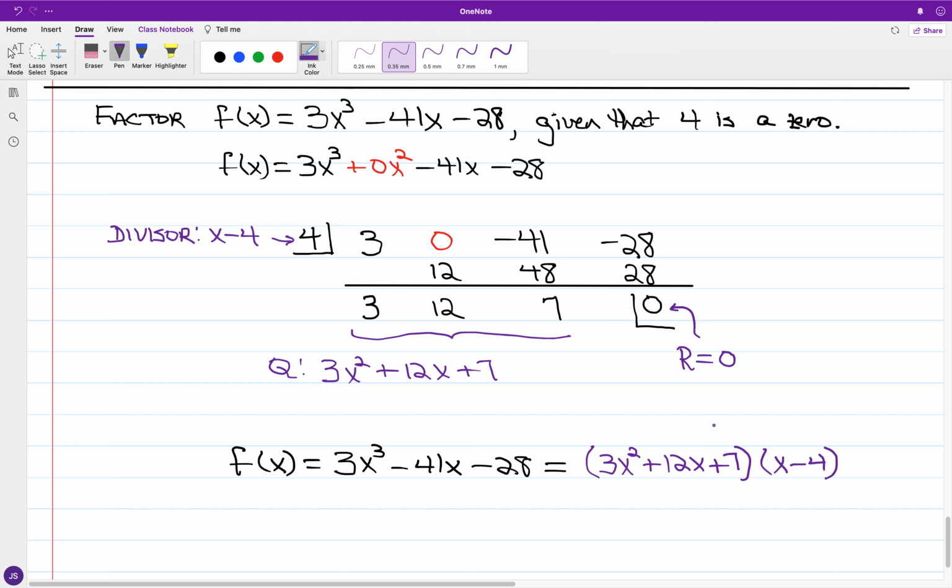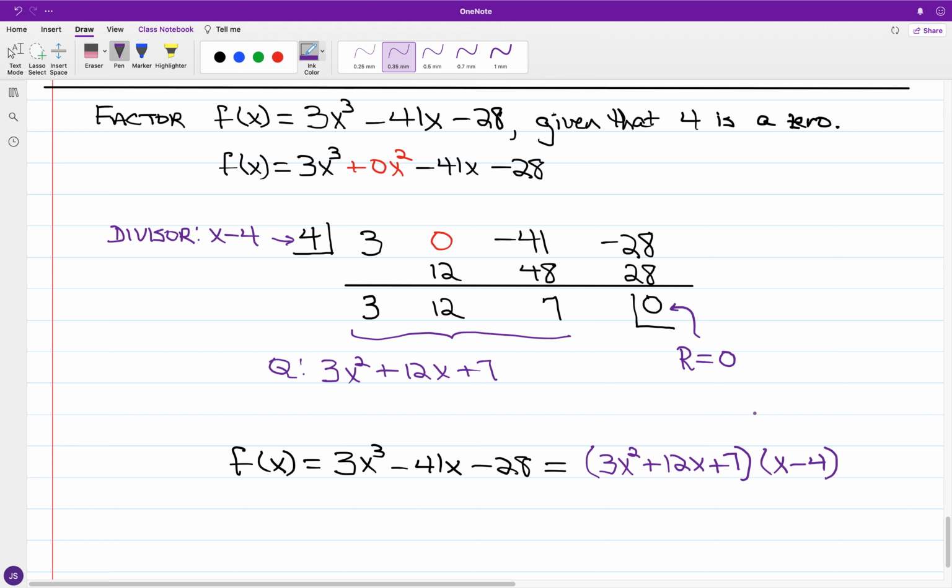In terms of factoring with integer coefficients, this is as far as we can go because of 3x squared plus 12x plus 7. If you were to think along the lines of factoring by grouping, the product of the first and last coefficients, 3 times 7, comes out to 21.